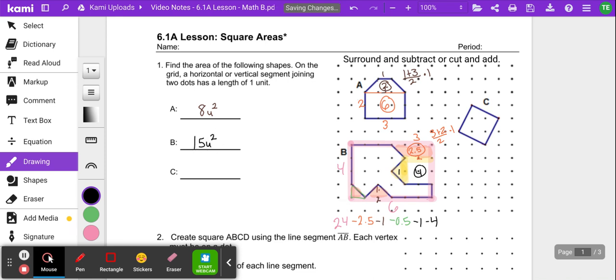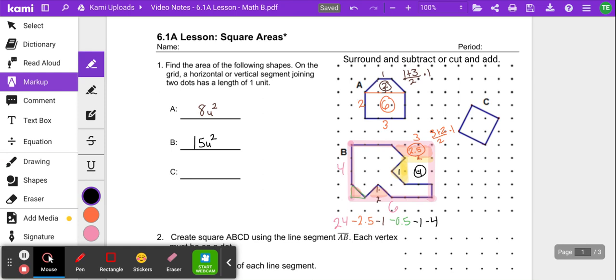Okay, this next one I would probably surround and subtract again because it's tilted. I don't have to work so hard though because all of the outside triangles are the same. So my main rectangle, where is it square? 1, 2, 3 by 1, 2, 3. So 3 times 3 is 9.